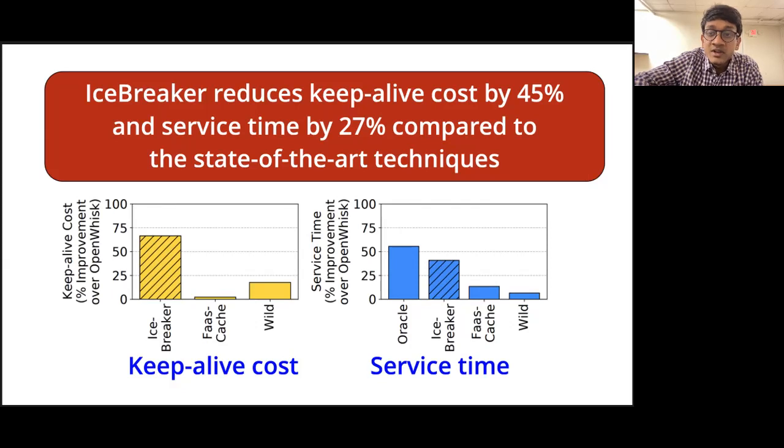Note that the competing techniques here were originally designed for homogeneous clusters, but for the sake of comparison, we made them heterogeneity aware. The keep-alive cost benefits occur mainly due to IceBreaker's intelligent tier choosing by the placement decision maker, and the service time benefits come from IceBreaker's well-designed function invocation predictor.